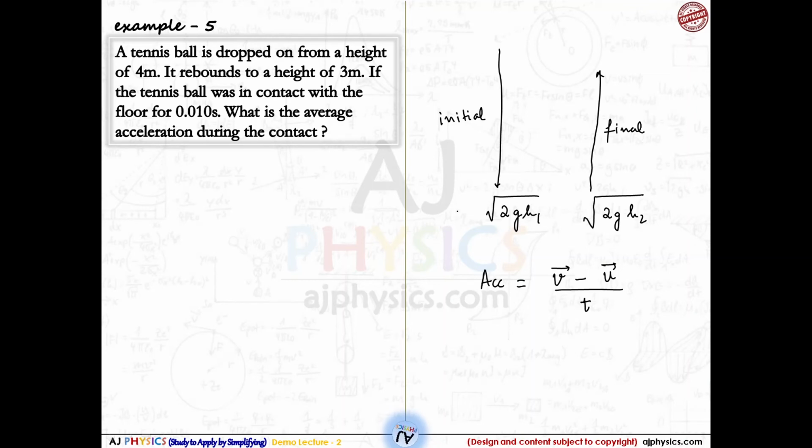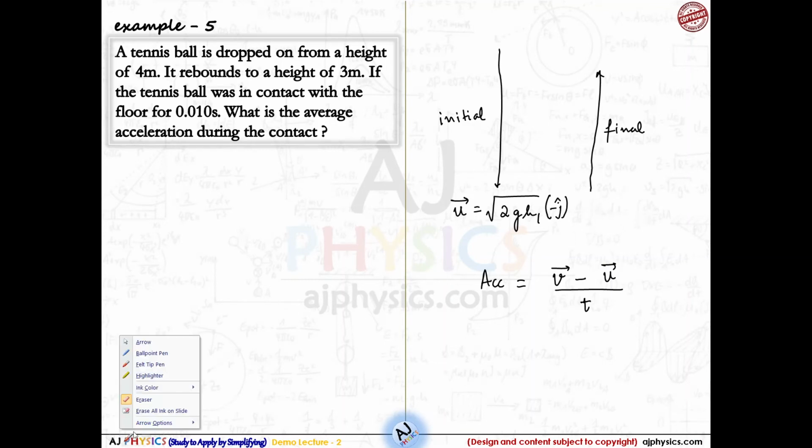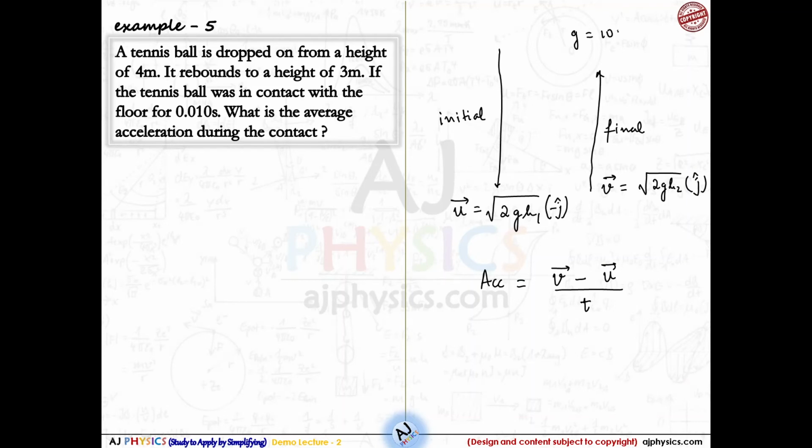In the initial case I can take the u vector equal to this whole thing, with direction negative j cap, because it is coming downwards. And in the other case, the v vector is equal to under root of 2gh2 j cap, because it is going upwards. Now, if you want, you can take gravity as 10 if you simply want to solve this whole question.